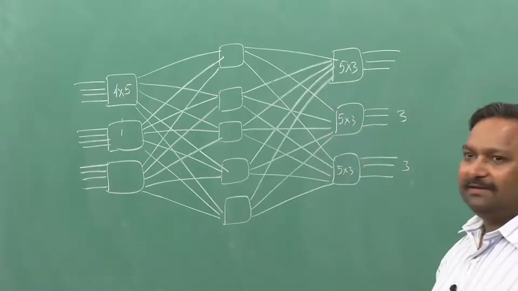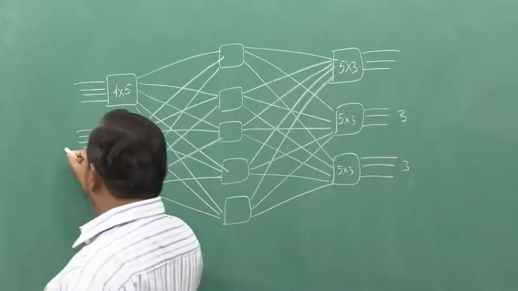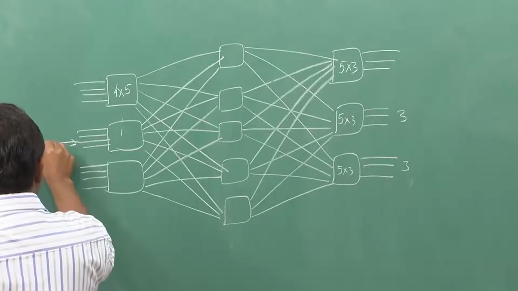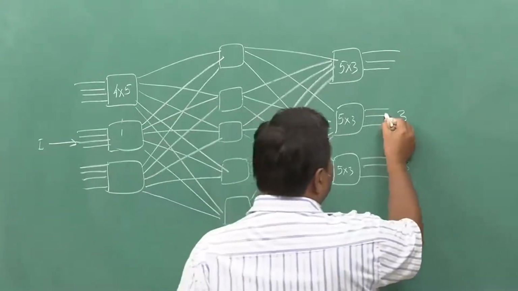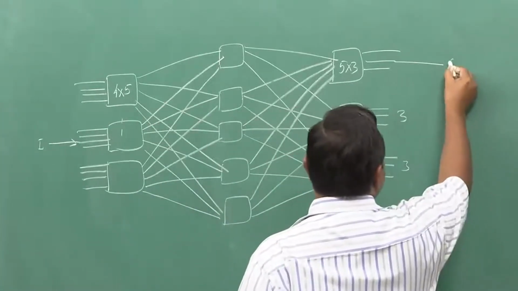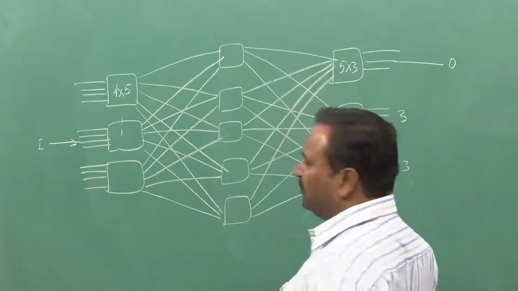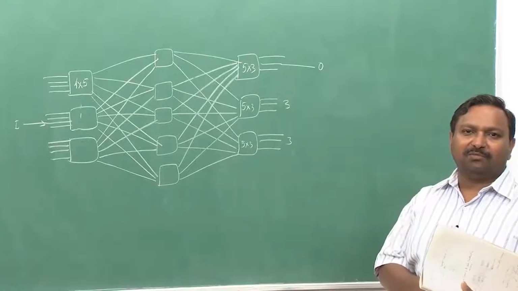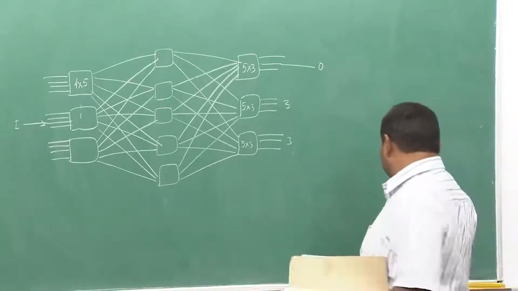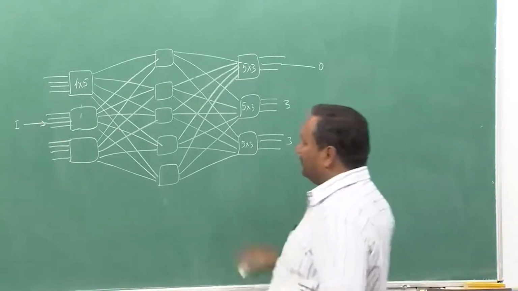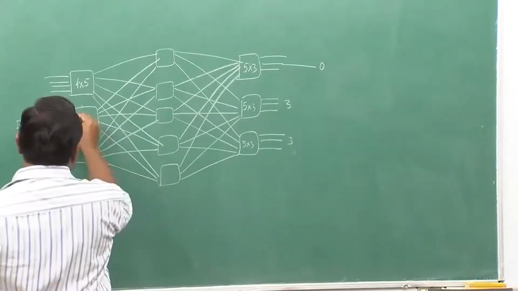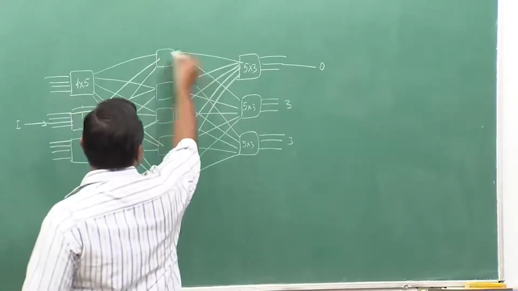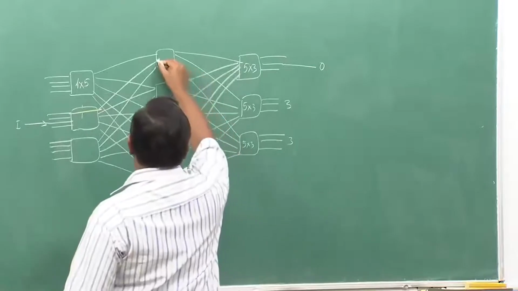In this fashion. So, if I want to connect for example this one which is the input and this one, I can take arbitrary anything, this is the output. I have to just prove that there is a blocking condition here. So, it is not a strictly non blocking switch, that is good enough as a proof. So, if I want to do that, I will take these 3 and they can be connected to anywhere actually.